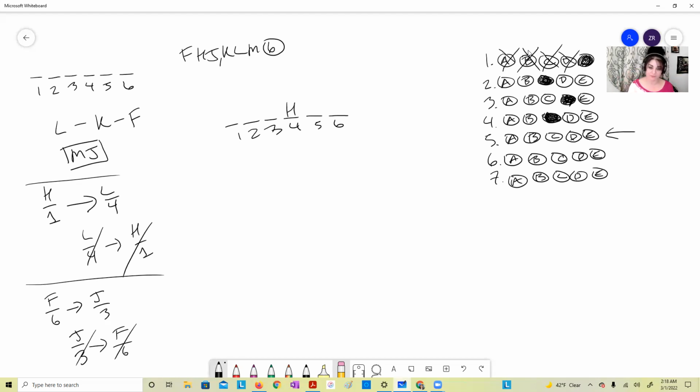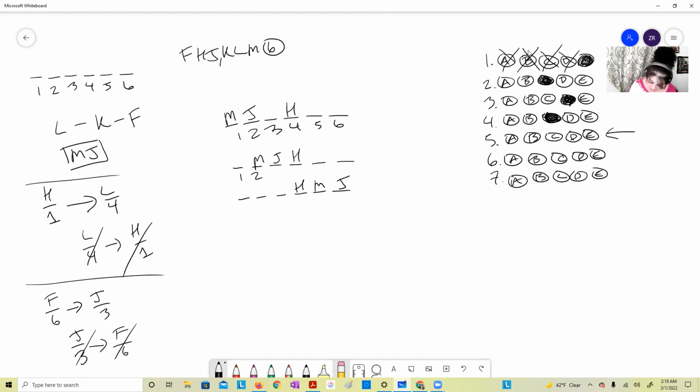So let's start with the first possible place to assign M and J, and then zhuzh them around and assign the LKF sequence around them. For instance, first possible place I can possibly assign them is 1 and 2. And then I could put them on 2 and 3. And then I could put them on 5 and 6.